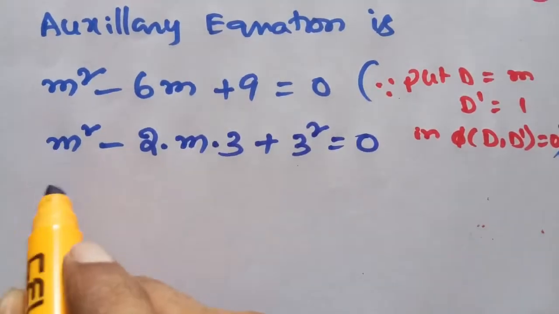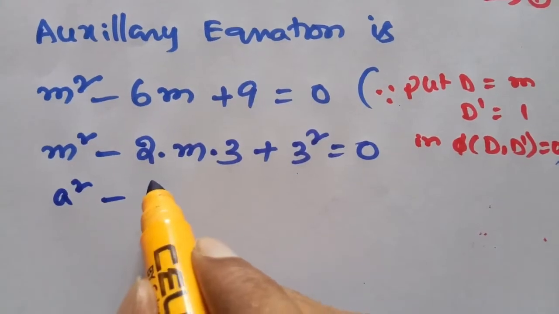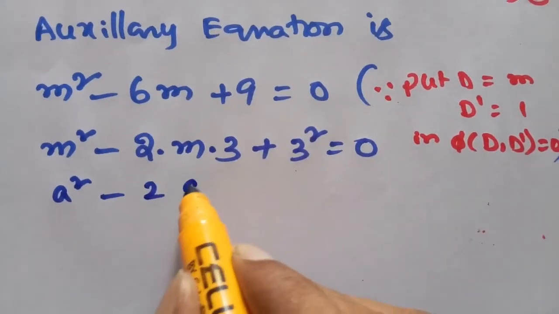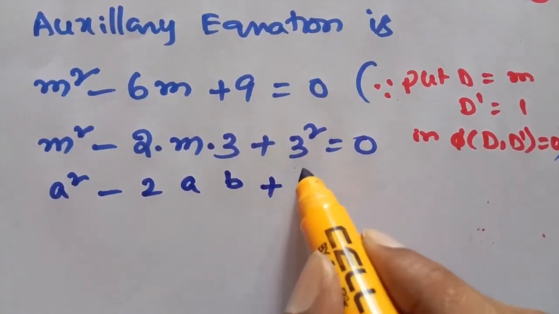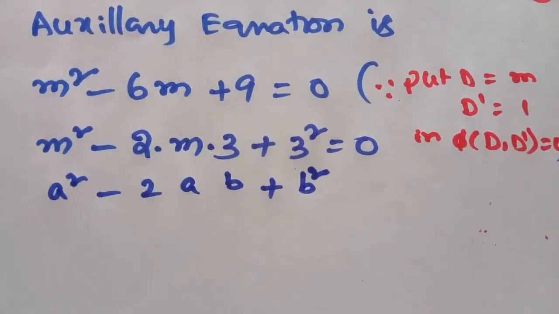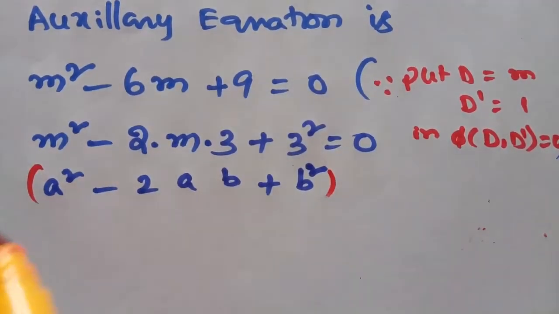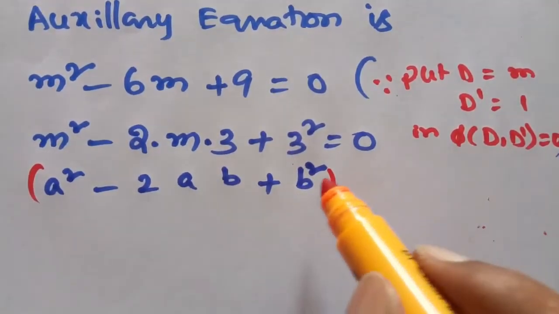Therefore, this is of the form a square minus 2 into a into b plus b square. What is the formula?